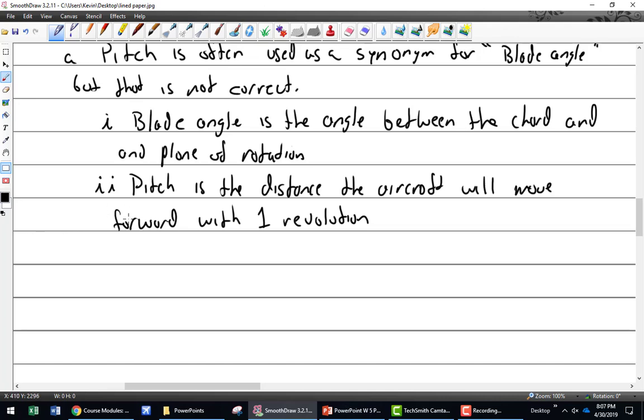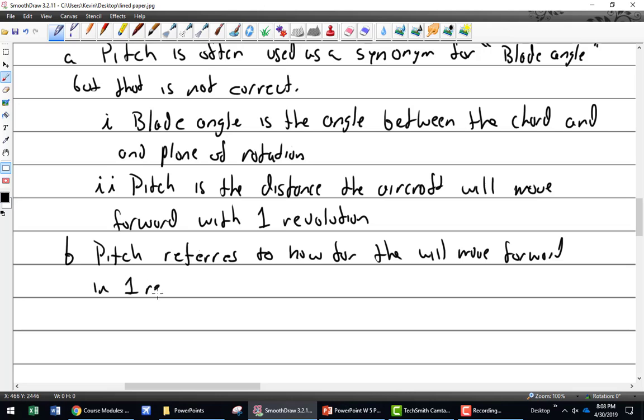So let me see, we got that. Pitch. B, pitch, refers to how far the aircraft will move forward in 1 rev based on the blade angle at the 75% station.